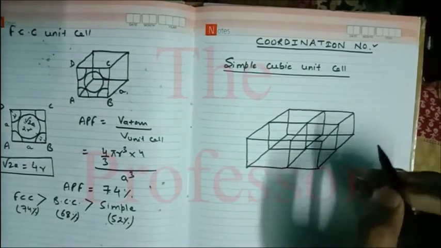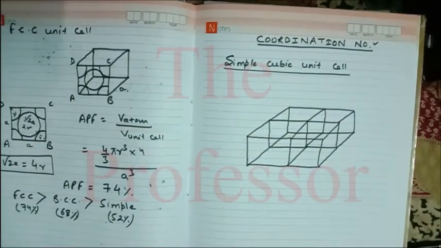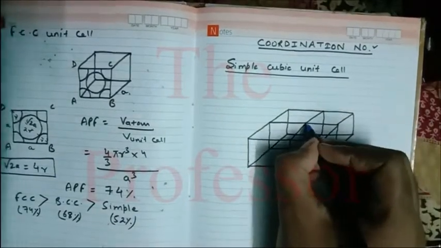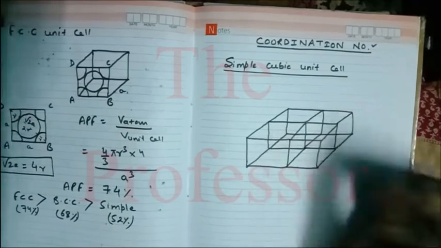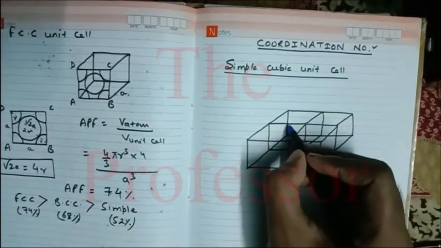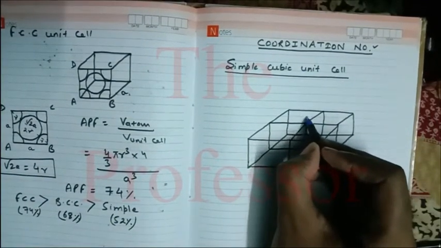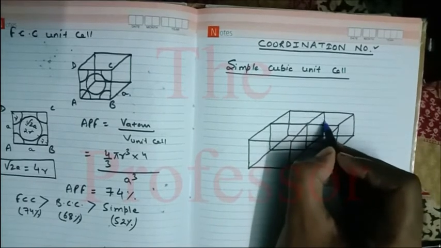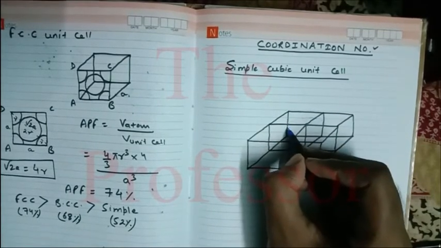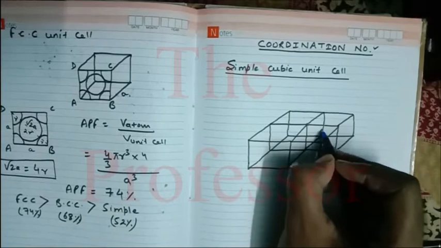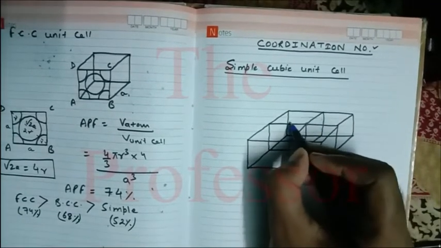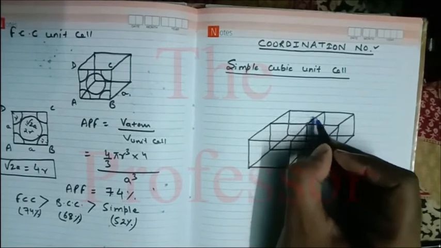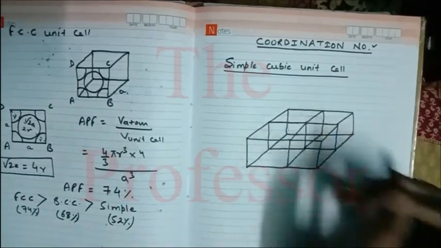So now let us focus on the atom which was present at this corner, right? We have to focus on the atom which is present at this corner. So let us draw its projection of this atom which was present at this unit cell on this plane. इस यूनिट सेल पर जो एटम था इस कॉर्नर पे, हम क्या कर रहे हैं, उस एटम का प्रोजेक्शन इस पर्टिकुलर प्लेन पर ड्रॉ कर रहे हैं, ठीक है?